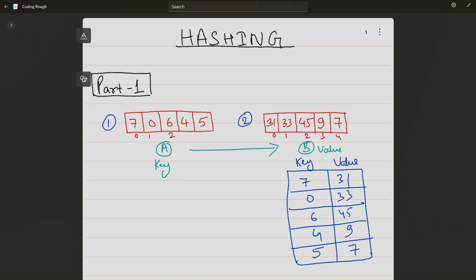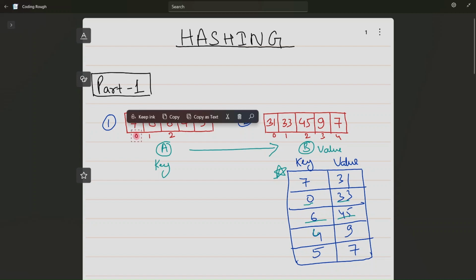Now how can I say that? See this table. You can see that 7 is the key and 31 is the value. Similarly, 0 is the key, 33 is the value, 6 is the key, 45 is the value. So what is the relation that we will find? The value of a key is the one which has the same index.